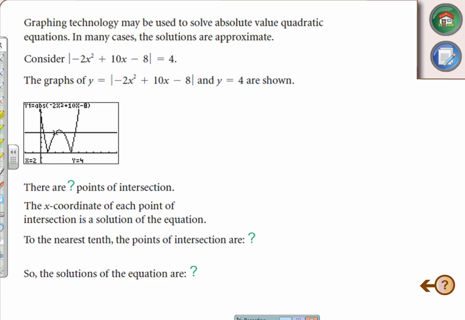Okay, and so just as I showed you, you can use your graphing calculator to find the intersection between two lines. So you would take y1 and y2. y1 from one side of the equation, y2 from the second side of the equation.